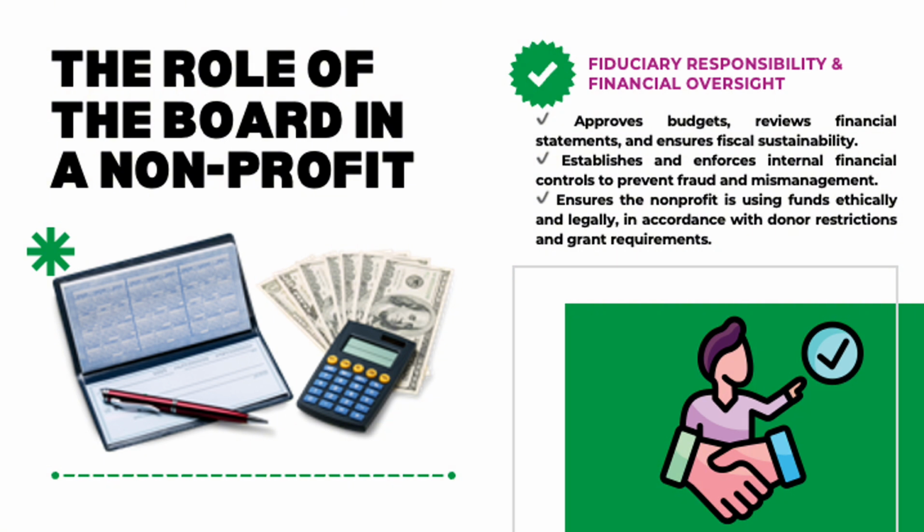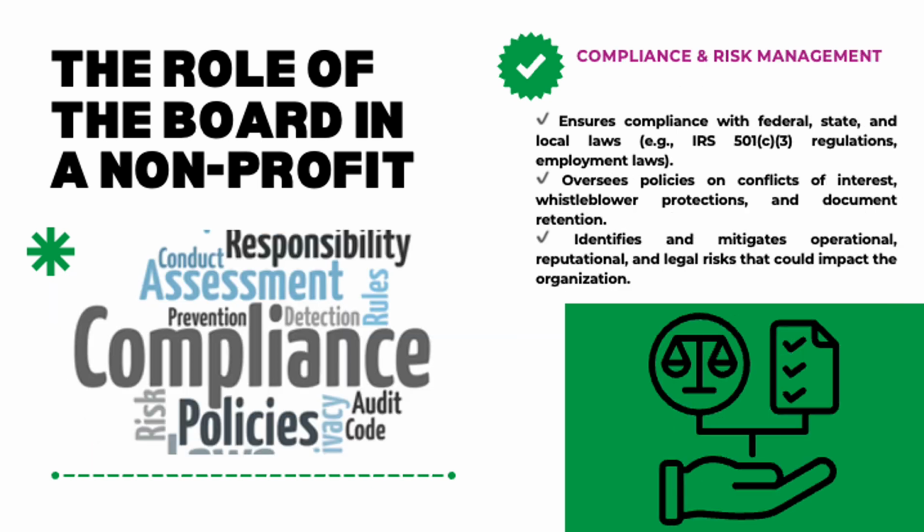There's some good, valuable information in there, even about how the Alliance operationalizes its finances, establishes and enforces internal financial controls to prevent fraud and mismanagement. And finally, as board members, you are ensuring that the nonprofit is using funds ethically and legally in accordance with donor restrictions and grant requirements.